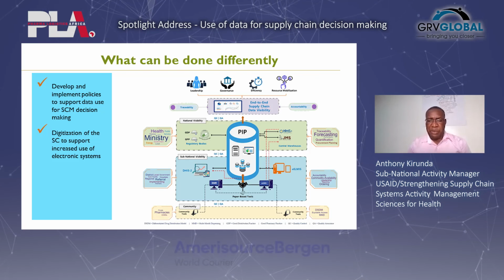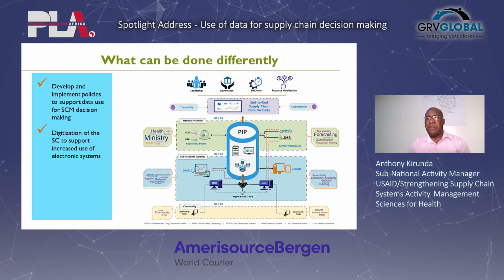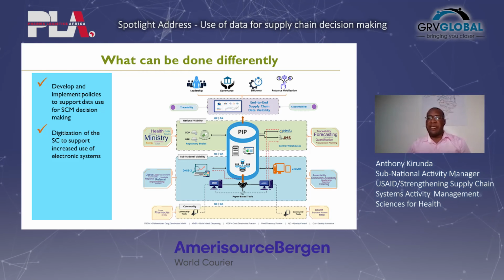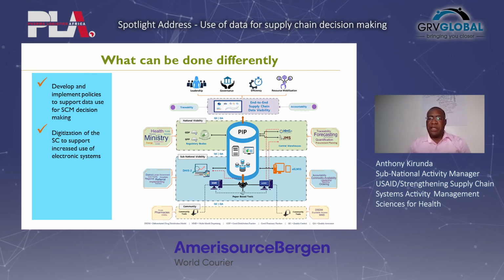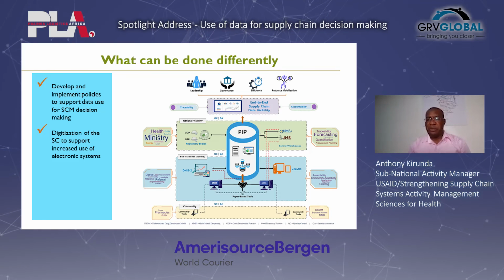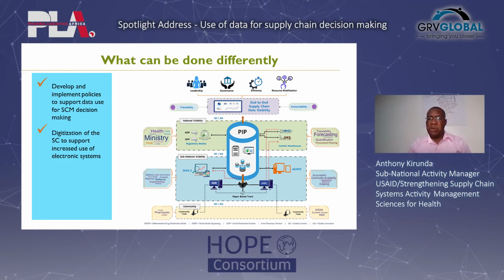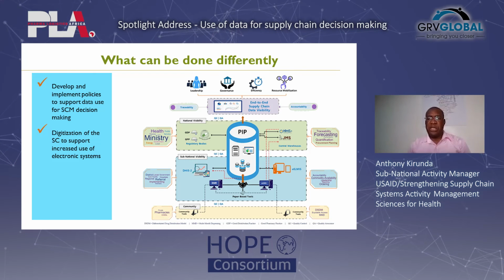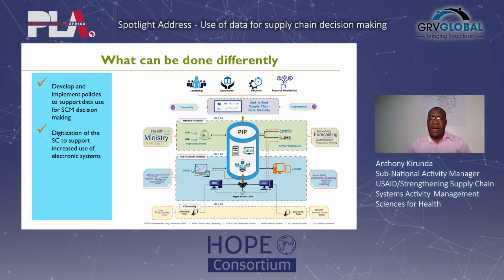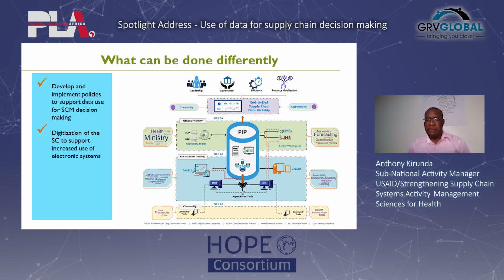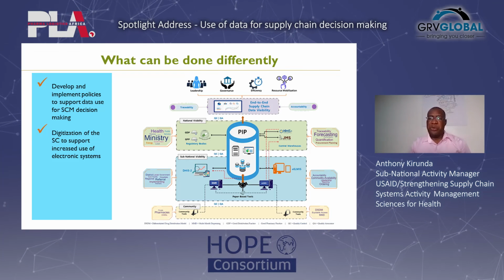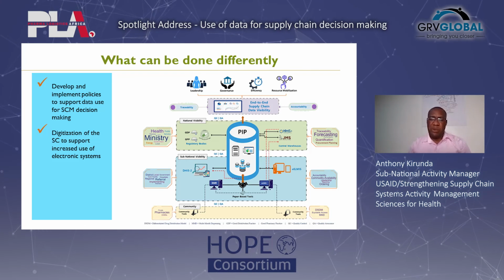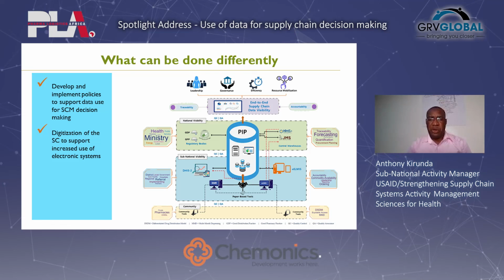They should come from the health facilities into the Pharmaceutical Information Portal, which is at the center. Then we have the national warehouses. In Uganda's case, we have two major ones, National Medical Stores and the Joint Medical Store. Their data on stock availability, and also the orders coming in from the health facilities going through the national warehouses, we pull into the Pharmaceutical Information Portal.